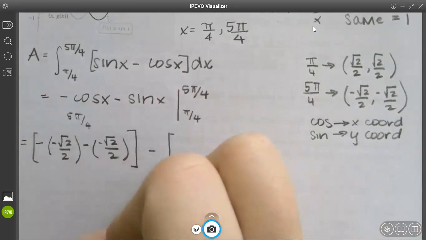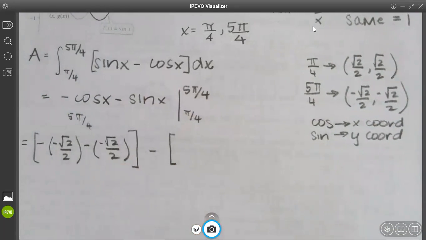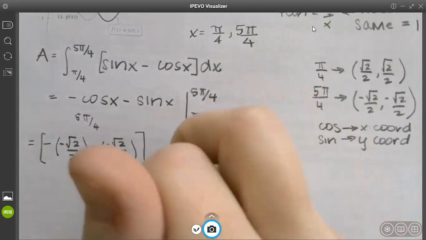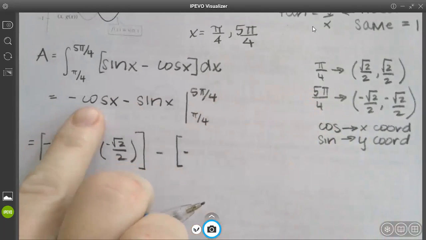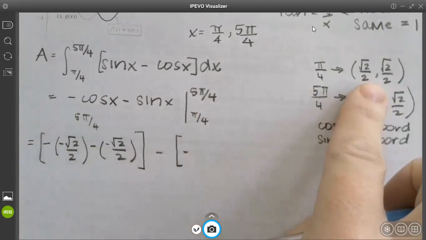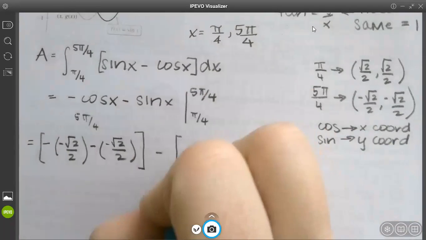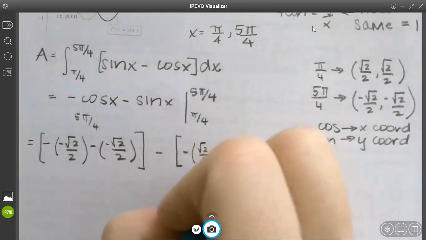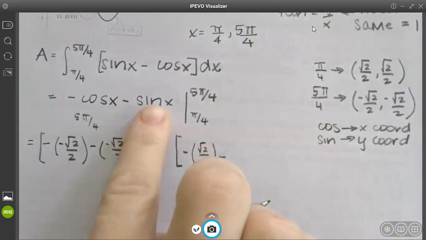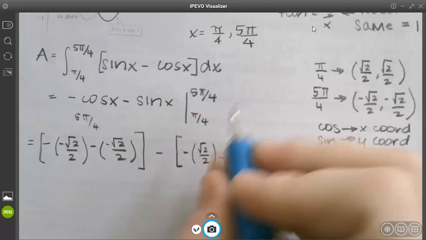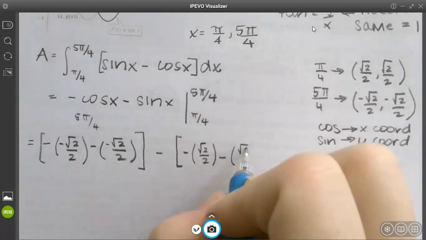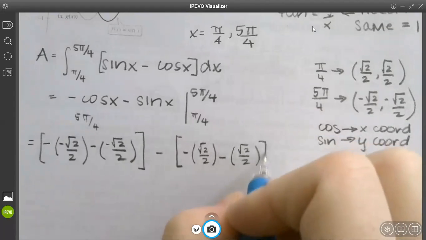Now we have to subtract and do pi over 4. So it's the same thing. Negative cosine of pi over 4 is going to be the x coordinate of pi over 4, which is square root of 2 over 2. Minus sine is going to be the y coordinate, which is still going to be square root of 2 over 2.